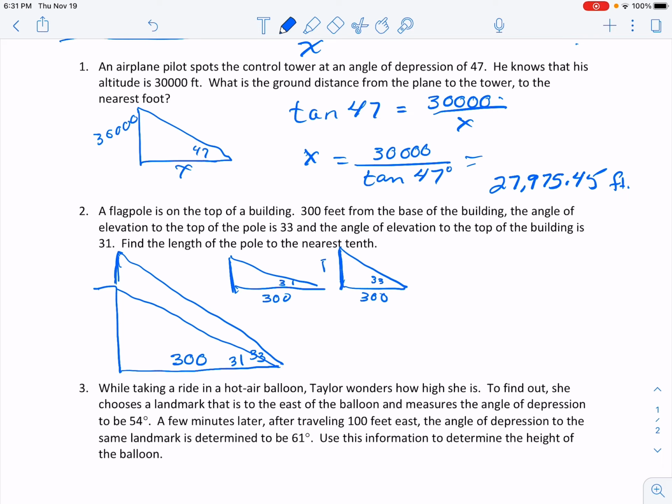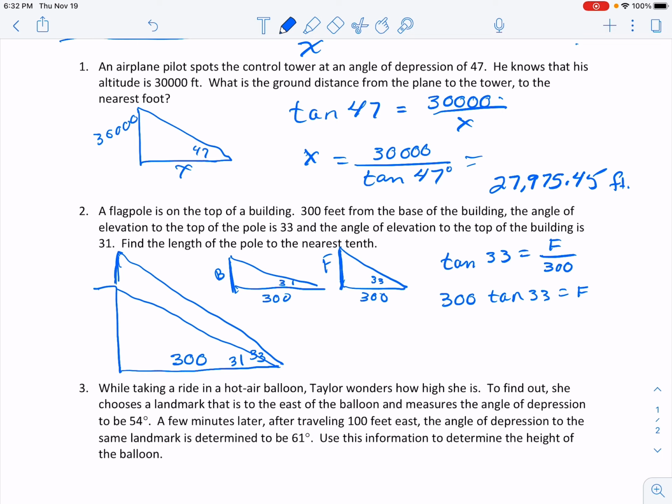Okay, so this is B. That's the building. We'll call that F, because it's got the flag on top of it. All right, so the tangent of 33 equals the flagpole over 300. So 300 times the tangent of 33 equals F. You can do that if you know how to use your calculator.